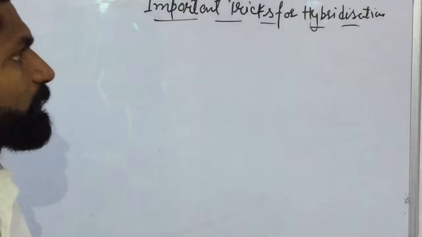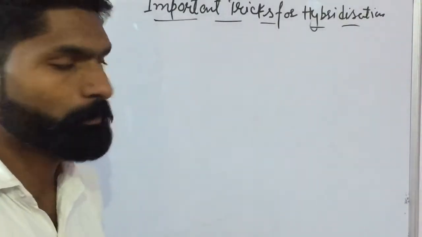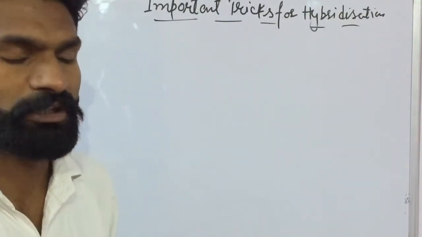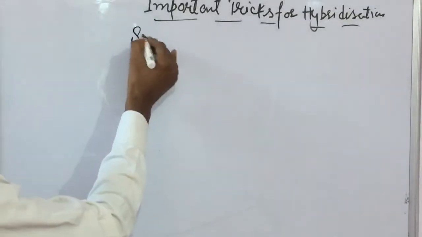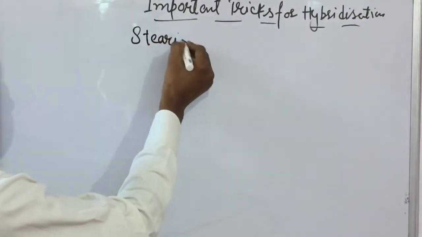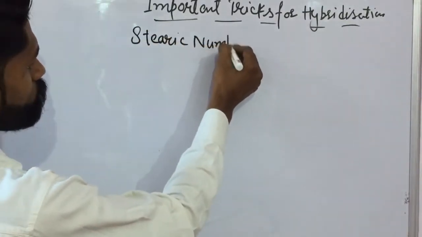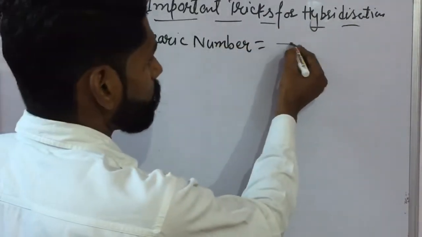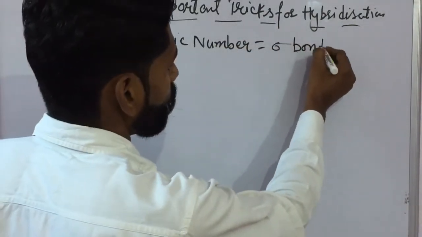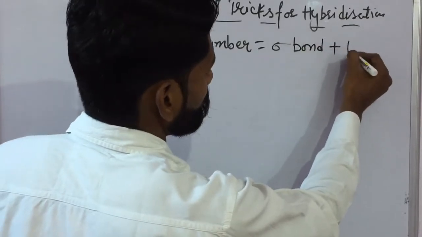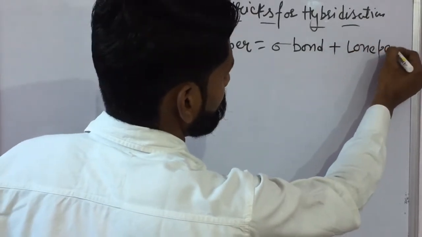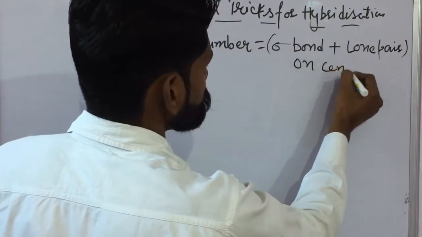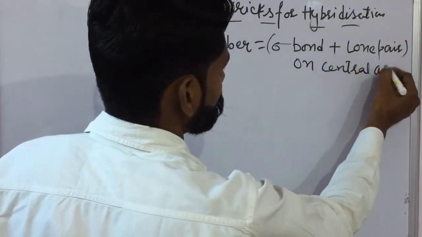For better understanding of hybridization, first of all, we need knowledge about the steric number. So, what is the steric number? Steric number is the sum of sigma bonds and lone pairs on the central atom.